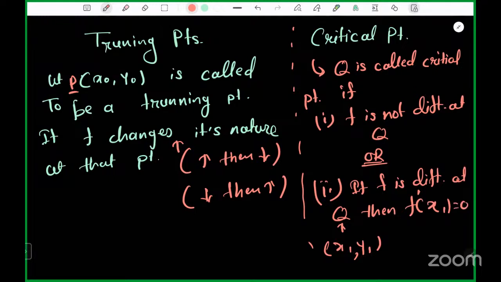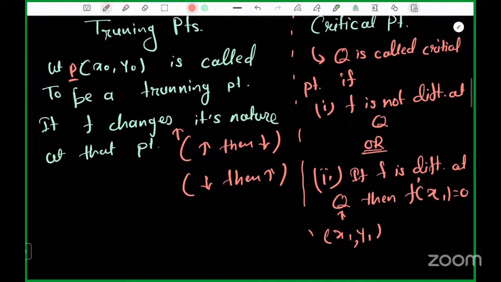So either the function is not differentiable at that point, or if the function is differentiable, its derivative should be equal to 0. Then that point is known as a critical point.